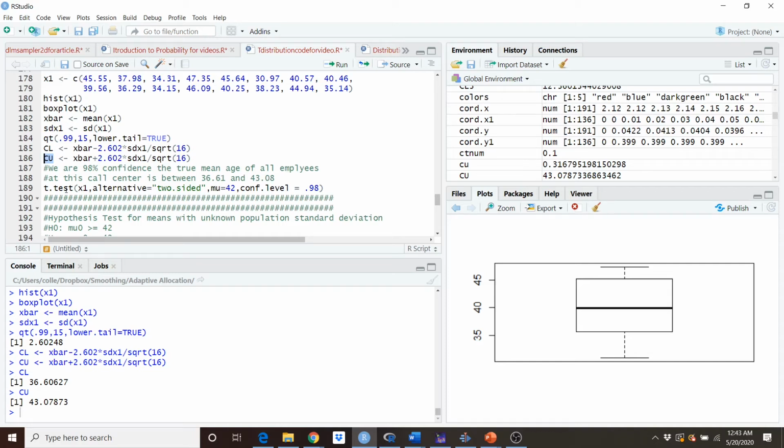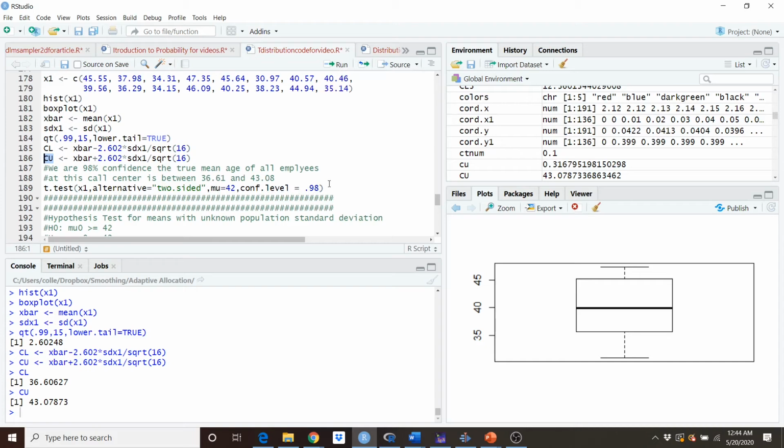However, I could just use the t.test function. I plug in my x1 values. Here I'm using alternative equals two-sided. If you're going to find a confidence interval, you need two-sided, so it'll give you both interval values. Here's my mean, 42. Here's my confidence level, 0.98.